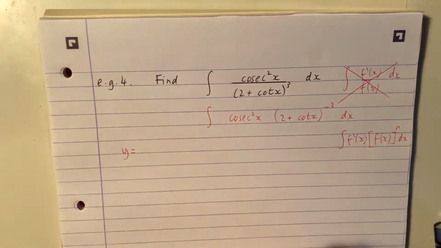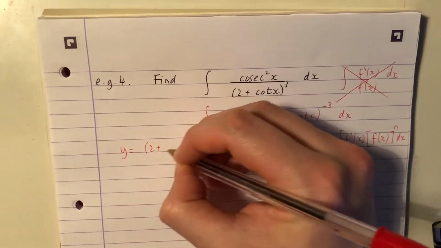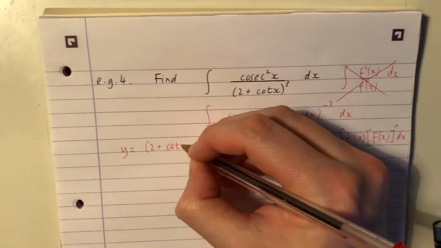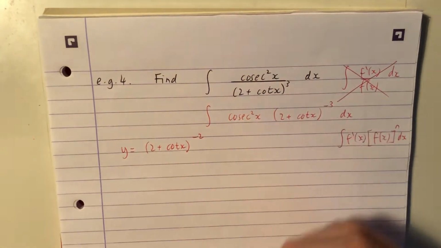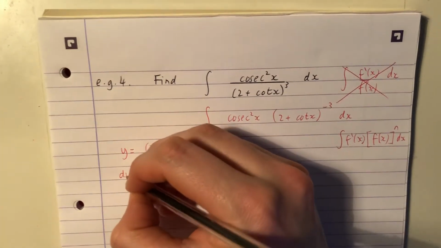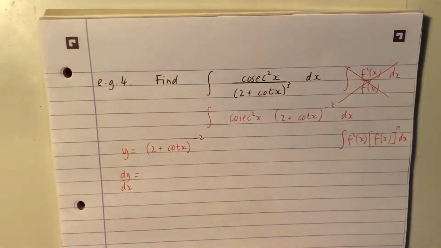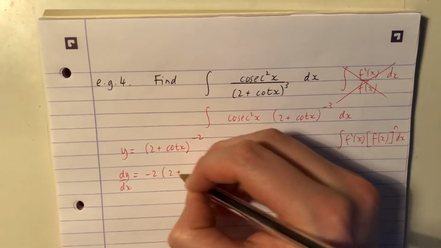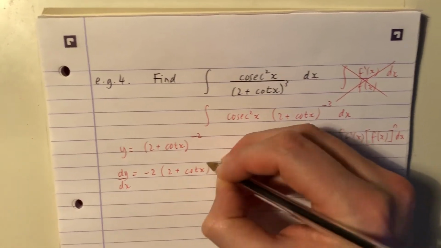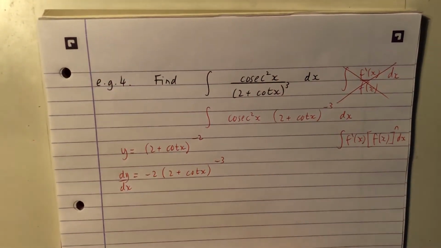So try y equals 2 plus cot x, add 1 to this power, -2. Differentiate to see how bad the guess is. Times by the power, subtract 1 from the power.